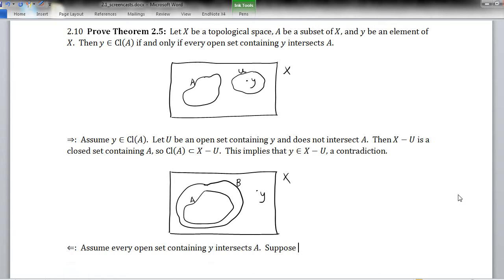Suppose that Y is not in the closure of A.